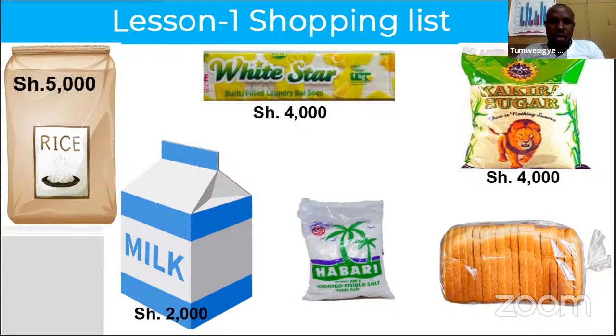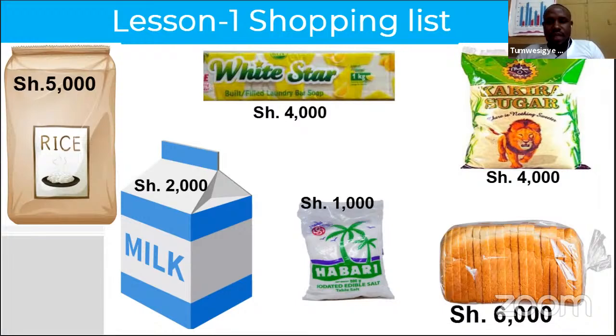I have also a packet of milk, and it costs 2,000 shillings. I have a packet of salt, and its cost price is 1,000 shillings. Then finally, I have a loaf of bread, and its cost is 6,000 shillings.